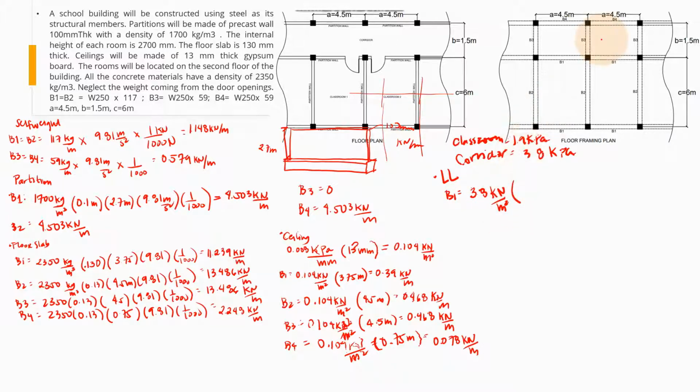Ang i-multiply natin dyan is yung width coming from this part, we have 0.75 meters plus dito sa part na to. So we have here 1.9 kilopascal multiplied natin yung width which is 3 meters.